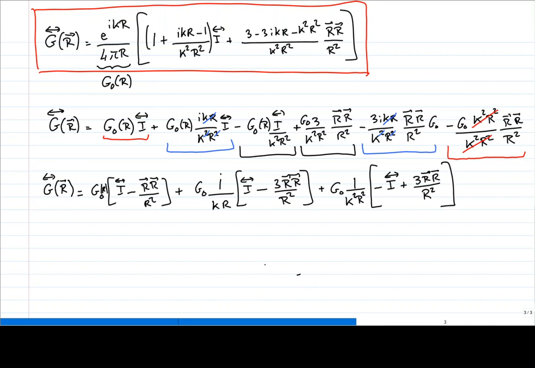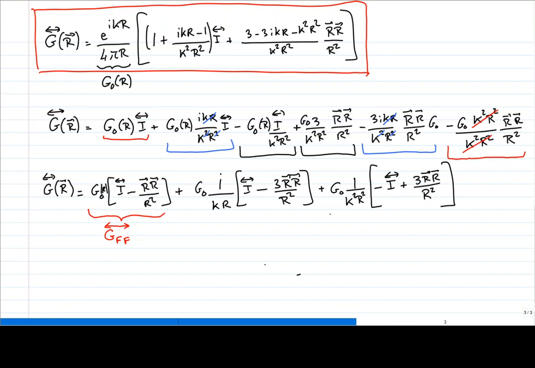So why did we go through all this trouble to rearrange this? Simply because this shows some physics. The first term, which is right here, is a far field contribution. So this is the far field component of the Green tensor, looking at the electric fields far from the source.